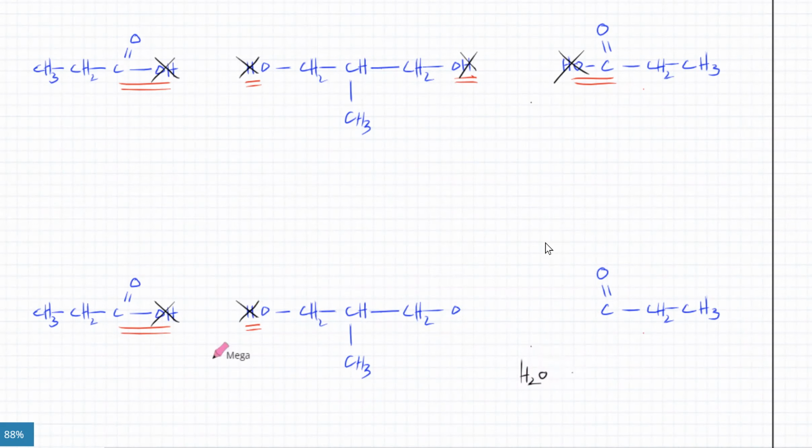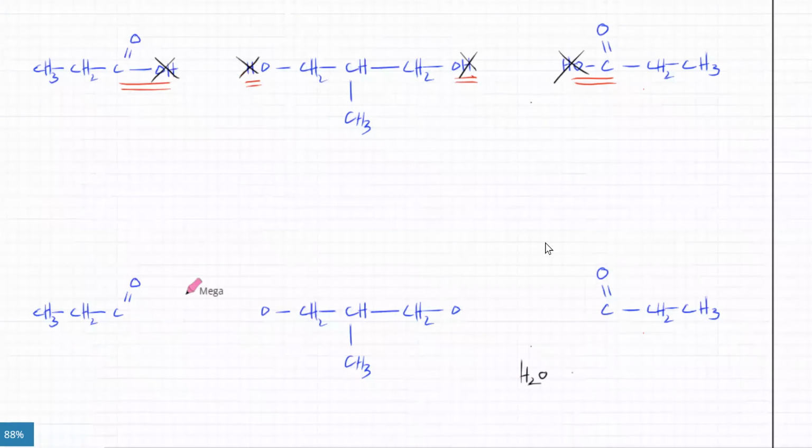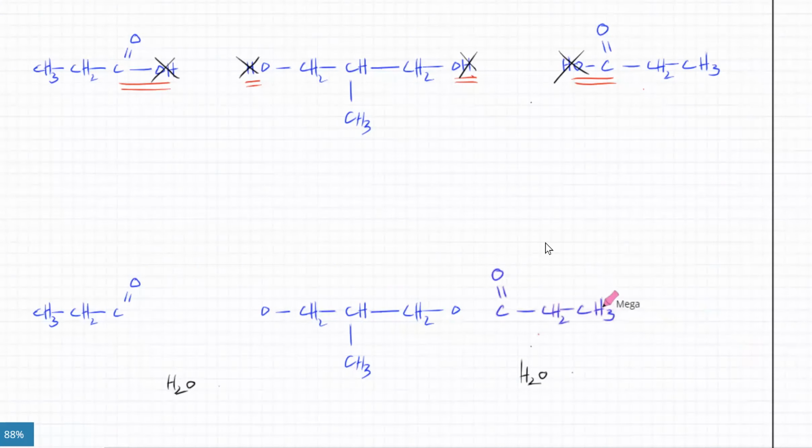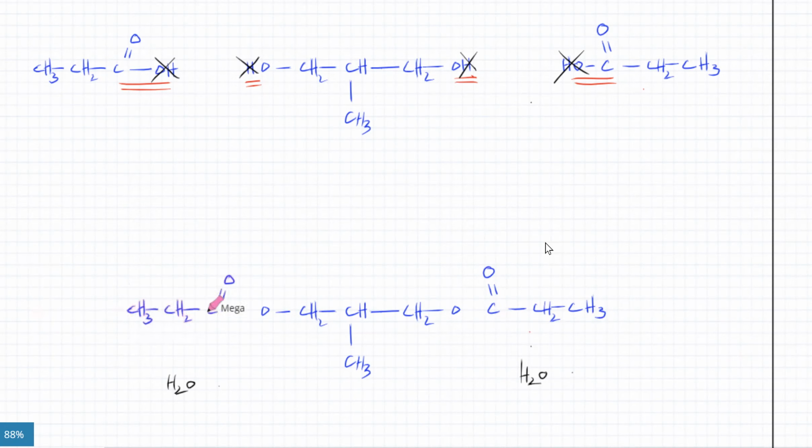Here too, OH and H are lost, and they've ended up forming water molecules. And now what we have to do is join the two together. This one will come and connect with this one, and this one will come and connect or join up with this one. So connect the two together.